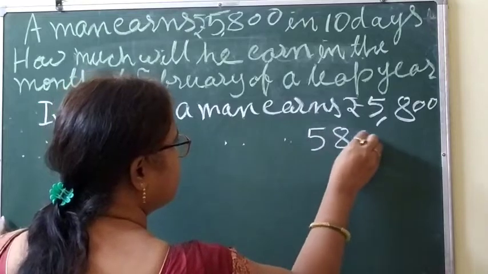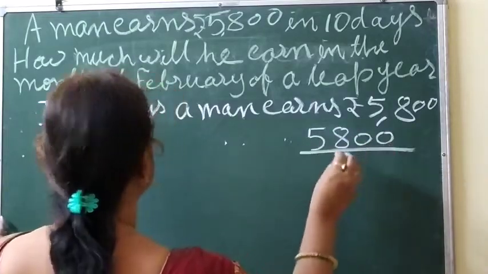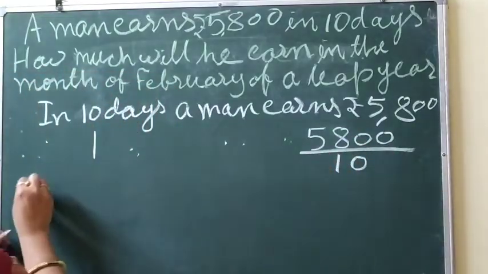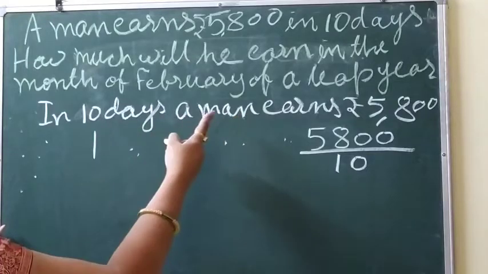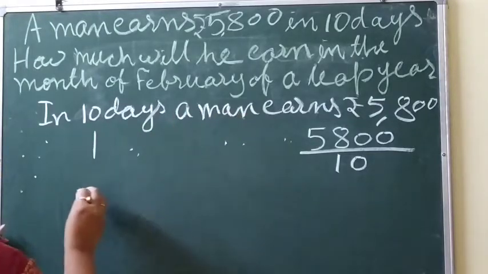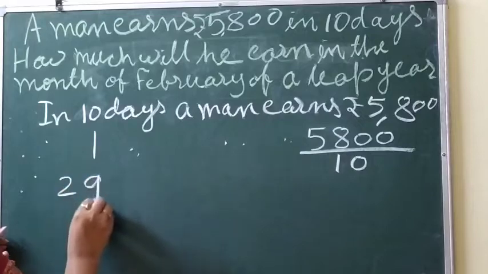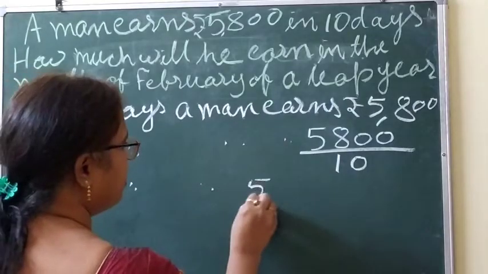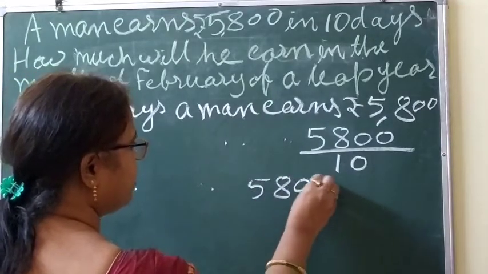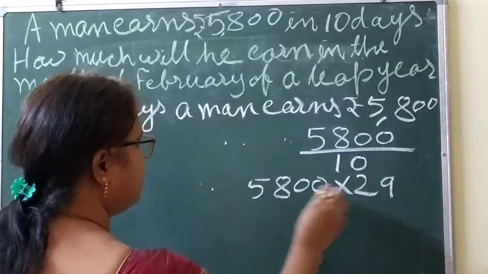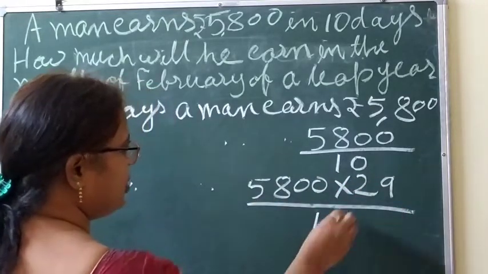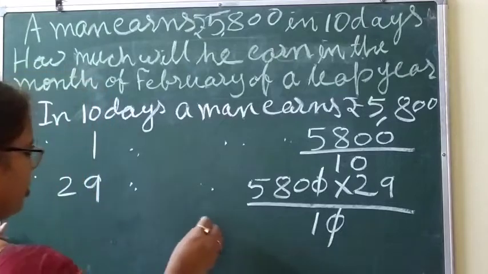Means 5,800 divided by what? 10. So therefore in how many days? February, in a leap year, February has how many days? 29. So in 29 days a man earns what? 5,800 into 29 divided by 10. So this 0 cancels. What is left here?